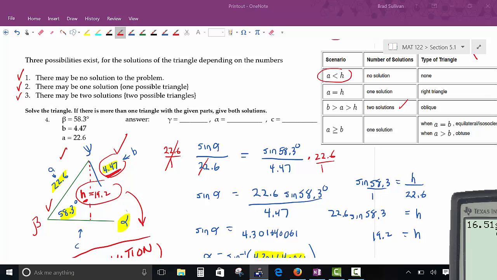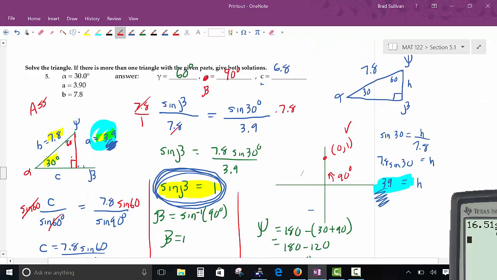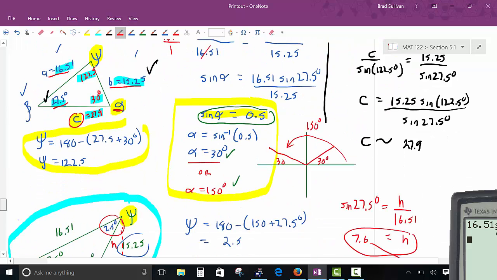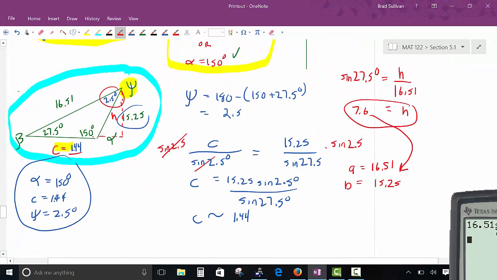So it's not in the middle of the two, it's smaller than the two. I said that wrong. So if you look at this situation, it matches up like this. H, which is 7.6, is less than A, which is 16.51, and at the same time, it's less than 15.25. Okay? So that's what happens, and that's why you get the two solution case on that then.